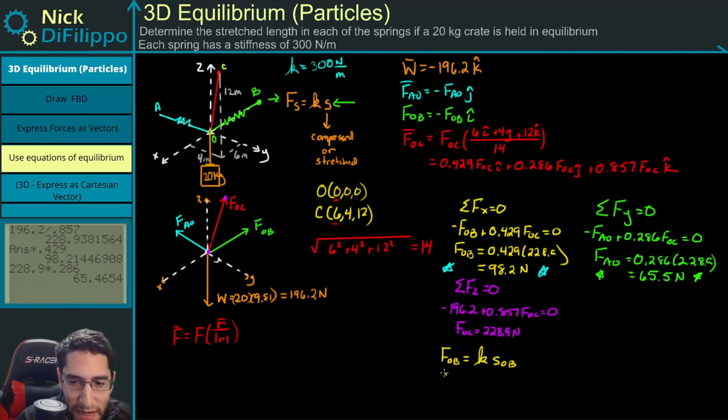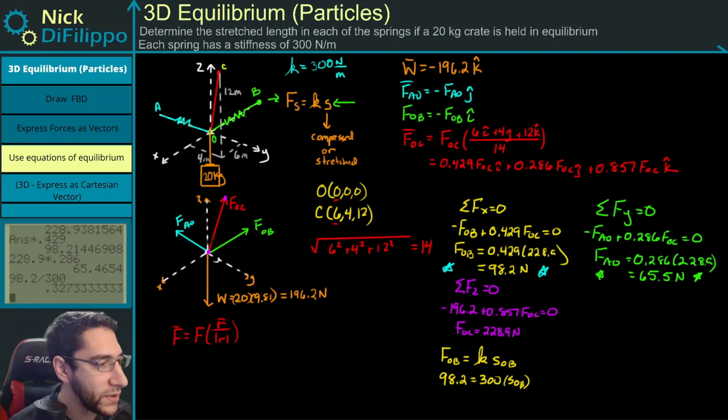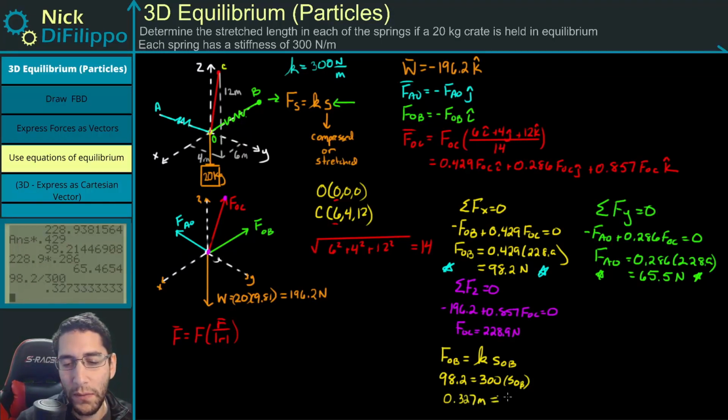So 98.2 is equal to 300, we know what that spring constant is, it was given, times how far this spring OB has been stretched. So we're going to divide 98.2 by 300. We get 0.327 meters. This could also be equal to 327 millimeters.